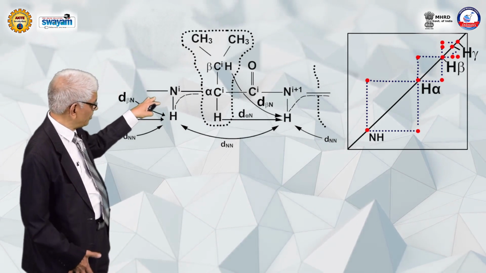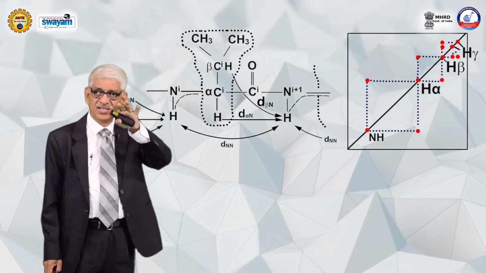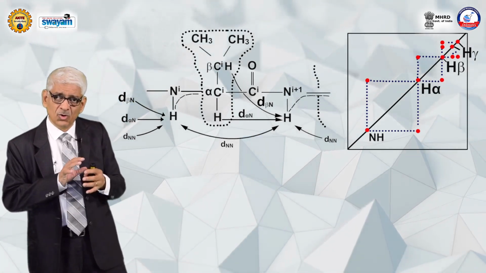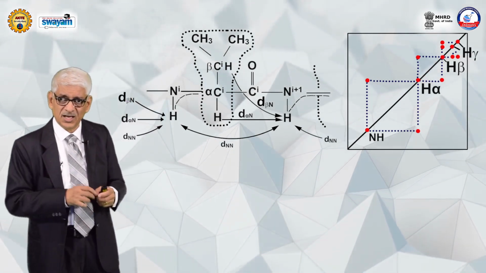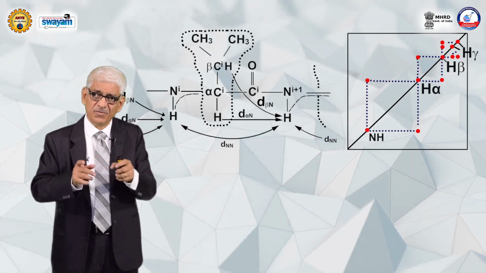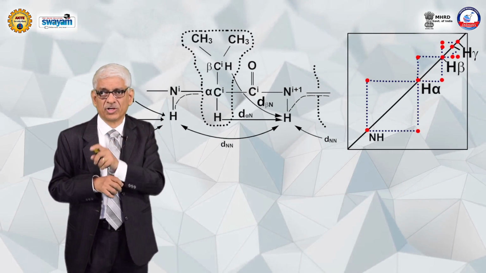Then on the C alpha you have the valine side chain, with the C beta H and two CH3 groups. Now what are the couplings present here? The couplings can be 2-bond, 3-bond or 1-bond couplings. Here we are talking about proton-proton couplings, which are 3-bond couplings.